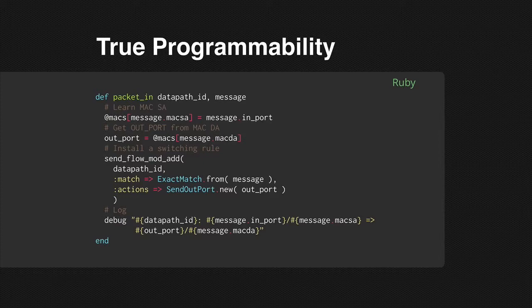This is an example of a controller code that tries to replicate a regular learning switch behavior. Developer here is using, well, it can be seen, Ruby language, and this block of code is a very succinct representation of how learning switch usually behaves.